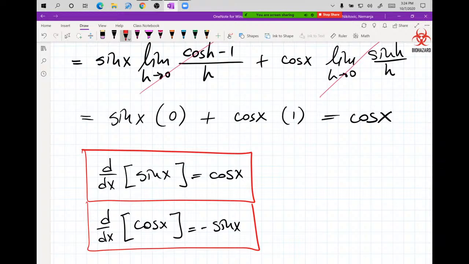So derivative of sine is cosine, derivative of cosine is negative sine. Perfect. We are done with the introductory talk, and we also discovered 2 out of 6 formulas.